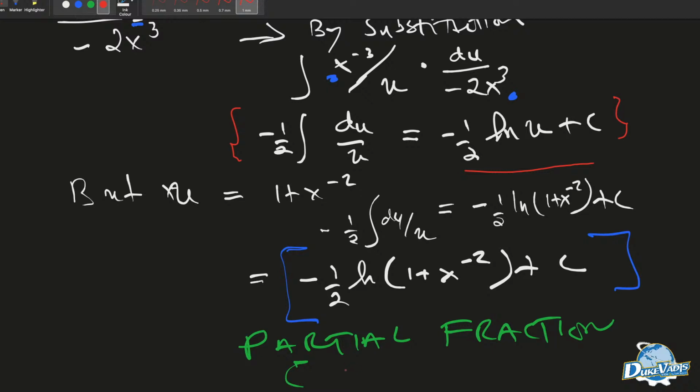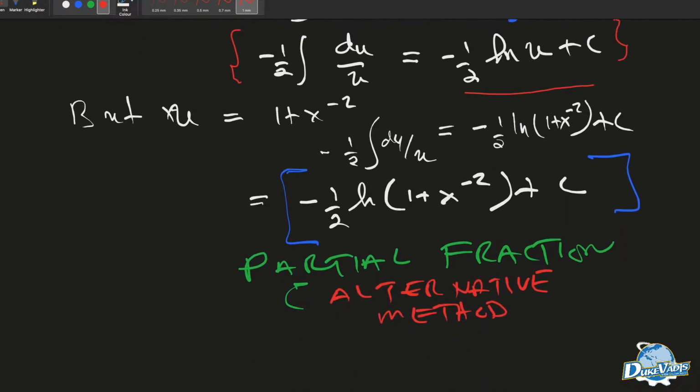So this alternative method: our question is the integral of 1 over x cubed plus 1.